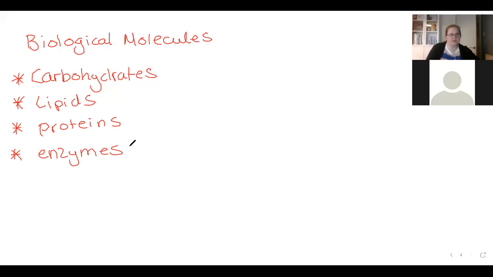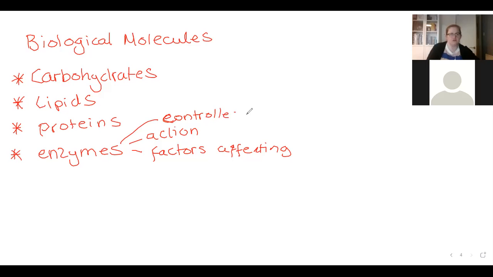and for the enzymes, that involves their action, factors affecting enzymes, and also enzyme controlled reactions. So they were all in the enzymes lesson.